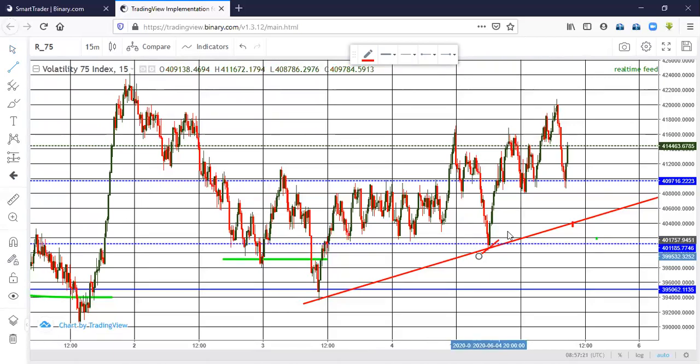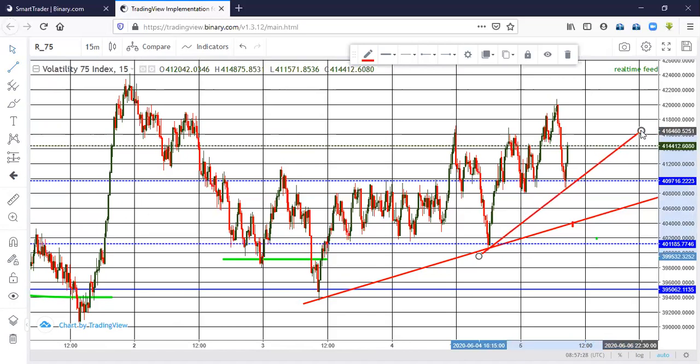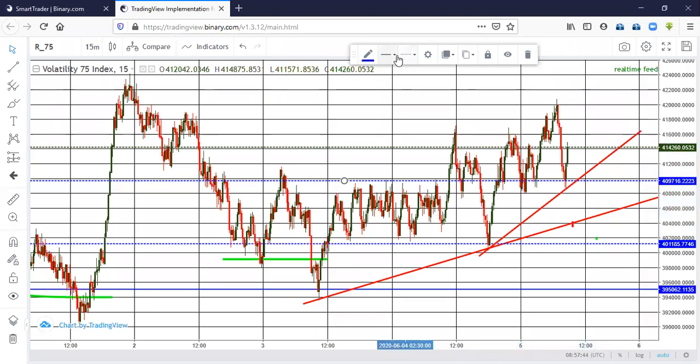We have a trend line coming from there going up there. At first we had this curve going down like that. Now we have a new formation which has occurred because of the respected line which is here.